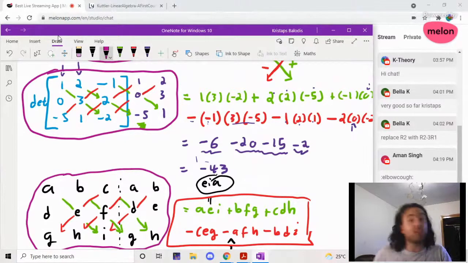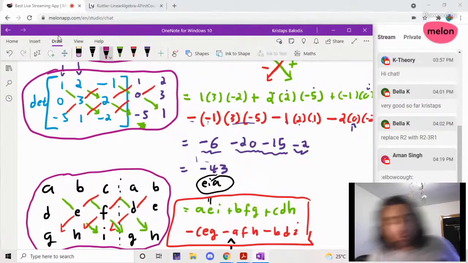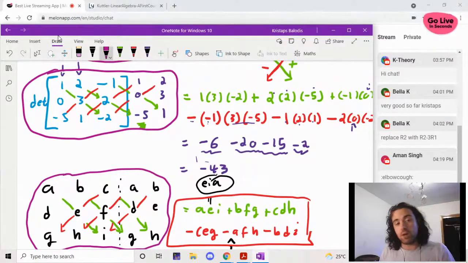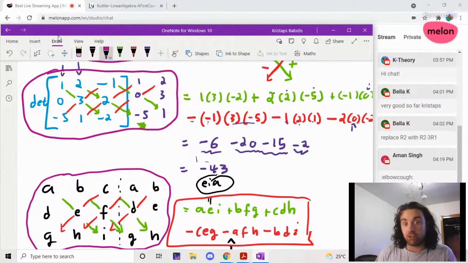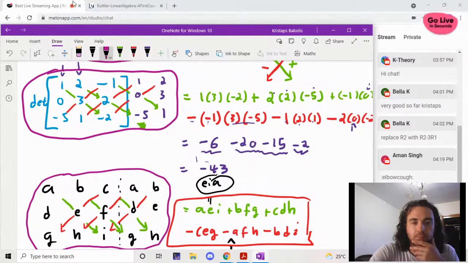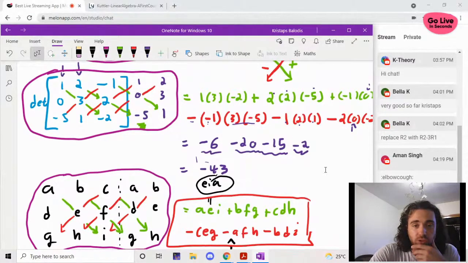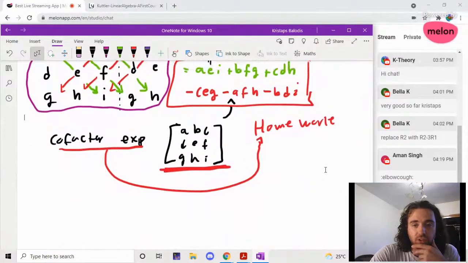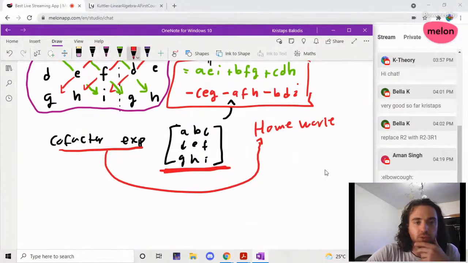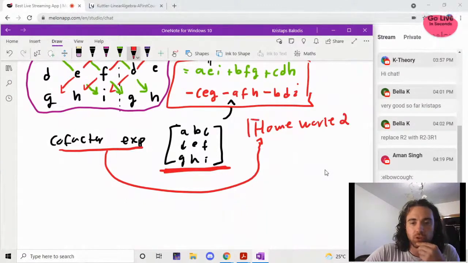You're going to need to know all the methods for the course, but if they just tell you to find the determinant of a 3x3 matrix, or just figure out if it's invertible, this is a great way to use the determinant quickly. I gave you one homework above to multiply some matrices together. So I'll say this is homework problem 2.